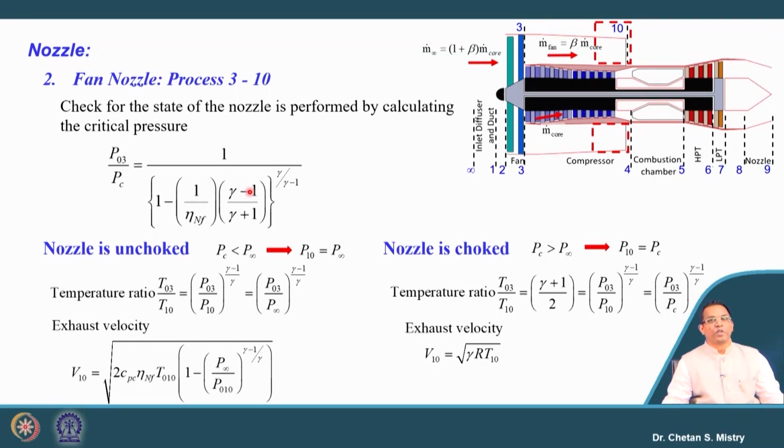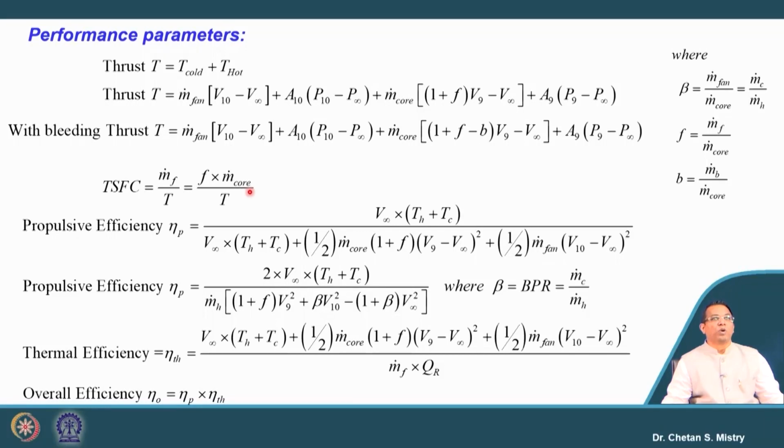That is what will be helpful to us for the calculation of our exit velocity from the fan nozzle. Okay. Once we have done all this calculation for the cycle parameters and the velocity, the next step for us will be to calculate the performance parameters, which we write in terms of net thrust or the total thrust. That is my cold thrust and hot thrust. Now, you are matured enough to understand what we mean by with bleed configuration and without bleed configuration.